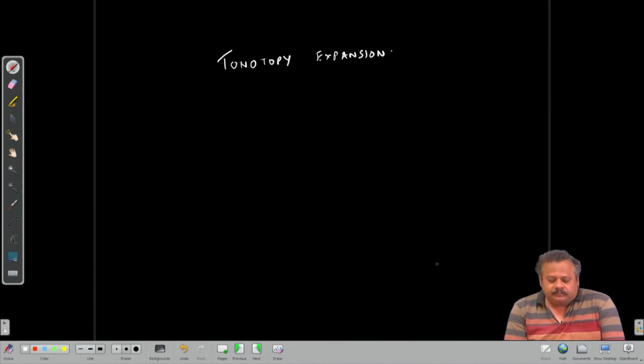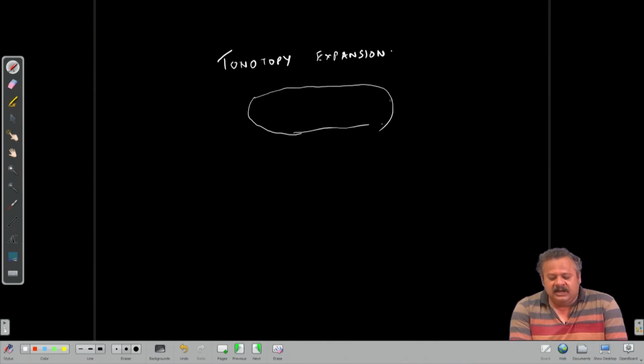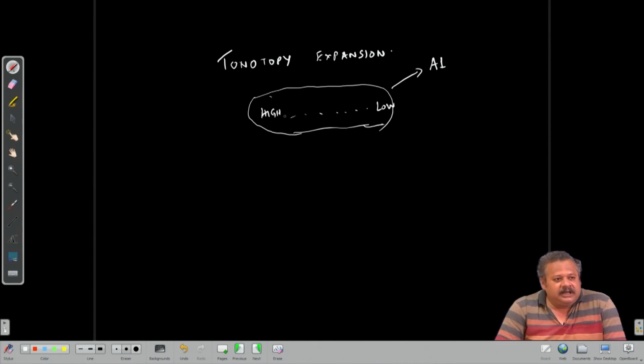In this particular case, as we have discussed, let us say this area is representative of the primary auditory cortex, and there is tonotopy, by which we mean that there is an ordered arrangement of neurons selective to low frequencies on one end and high frequencies on the other end, and there is a gradual change in the selectivity of the different frequencies across the surface of the primary auditory cortex or A1.